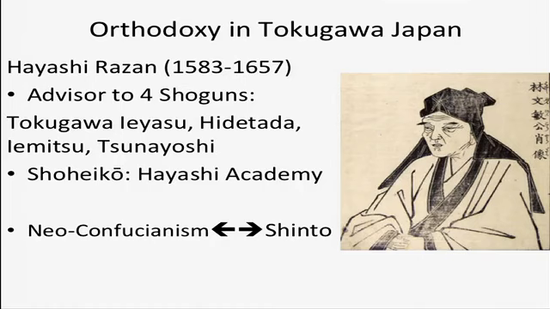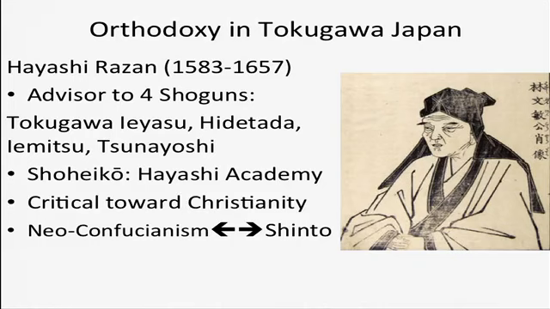The concepts have different names, but they in fact can be part of the same thing, and they make sense together. He also was very worried about Christianity's possible influence on Japan back in 1600, and he's part of the movement that is so strong, right, that eventually expels Christianity.